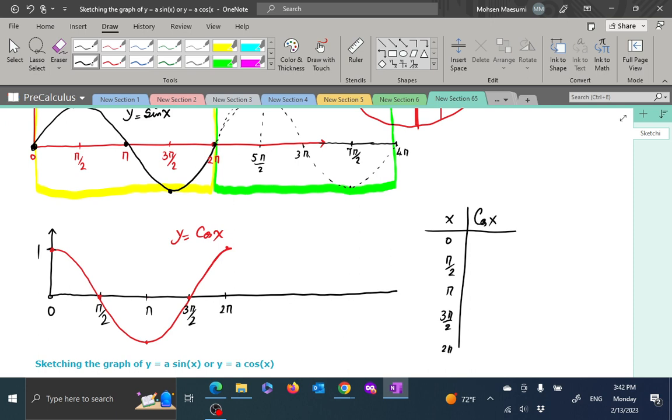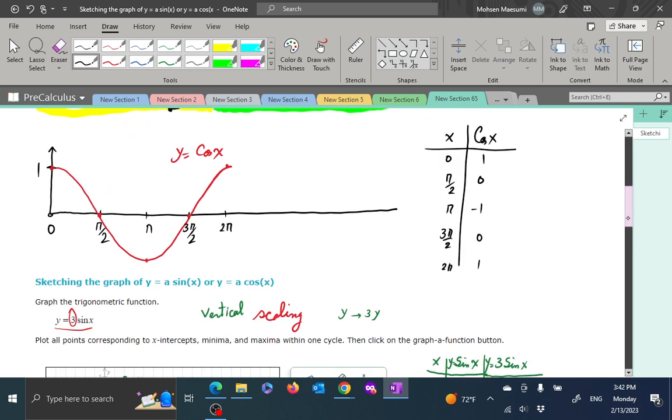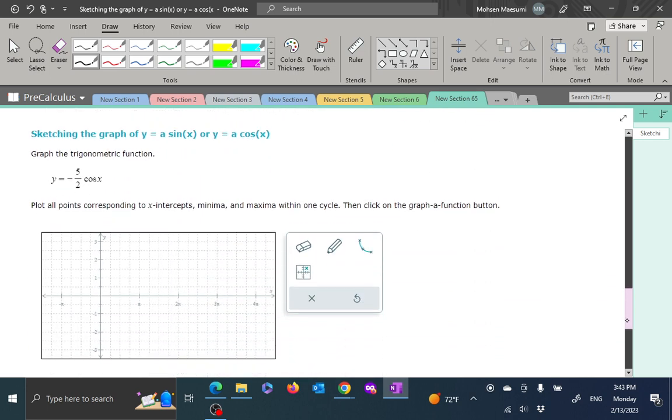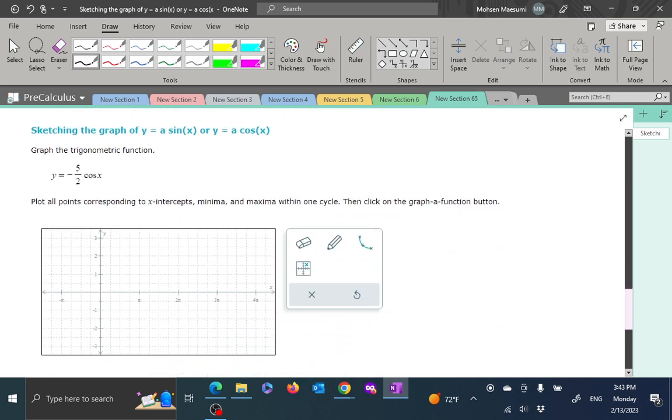Cosine of x: cosine of 0 is 1, pi over 2 is 0, pi is minus 1, 0, and then you're back to 1. So that's the basis of the graph. And then suppose you want to graph 1/2 or minus 5/2 cosine of x. So let's just remind ourselves what the graph itself looks like. These are the 5 points of it.